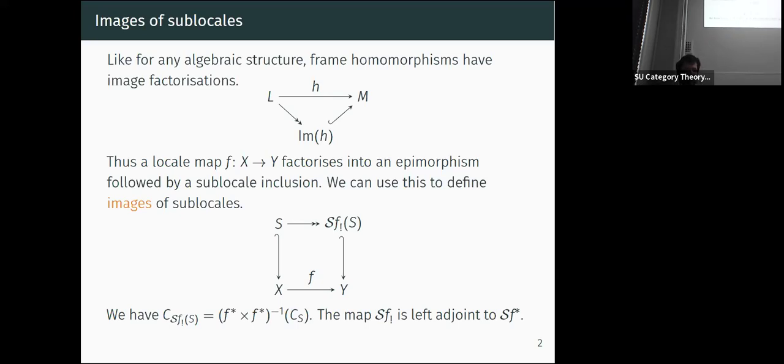I've told you also exactly how you can work out in terms of congruences what you do. Now you take the preimage under this map F star cross F star. And so it turns out for every F, the map we get with this image construction is adjoint to the map we get with the preimage construction. And again, this is maybe what you would expect if you know what happens with images and preimages in Set.